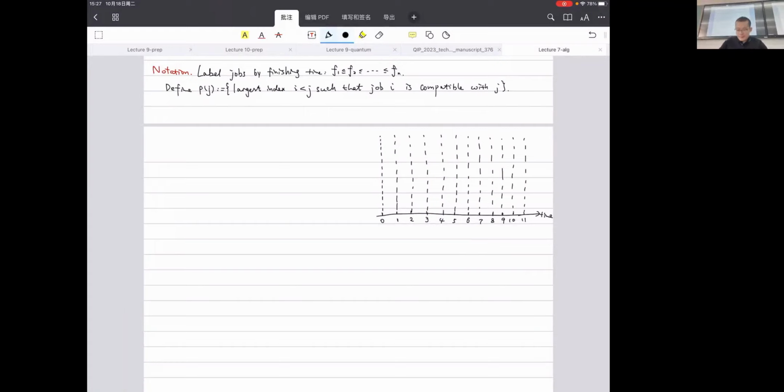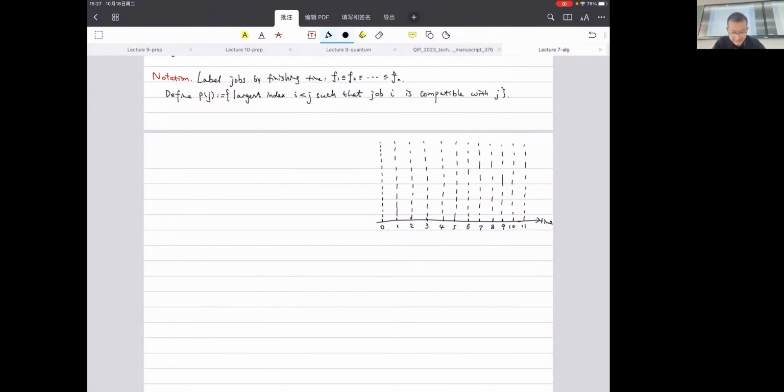So let's assume that we have a certain task, and for instance, the last job finishes at time 11 here, and maybe we can select intervals here. As we just mentioned, we label jobs by their finishing time. So let's assume that the first job finished at time 4. Maybe this is job 1 here, and this is job 2.